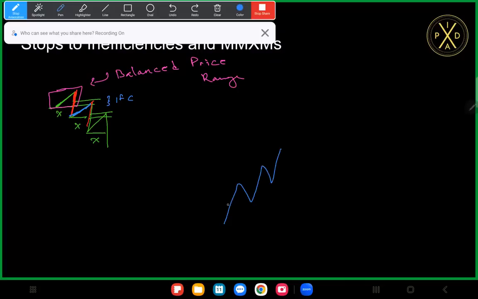All right, so price is trading stops back down into inefficiencies. So every time that a market maker model completes, it's creating a balanced price range. So price comes lower and then it goes higher. So this right here is a balanced price range. This pink portion of price right here is balanced.